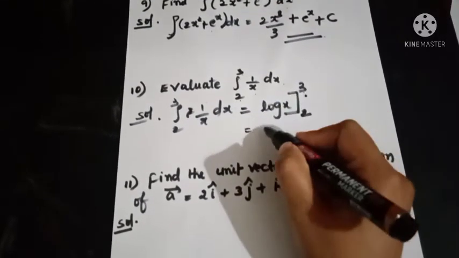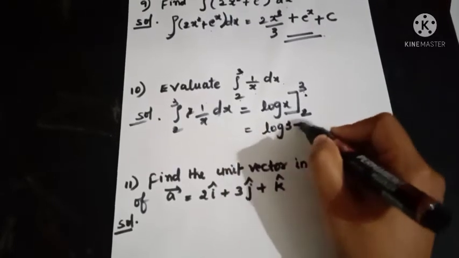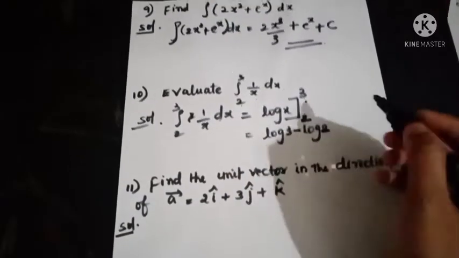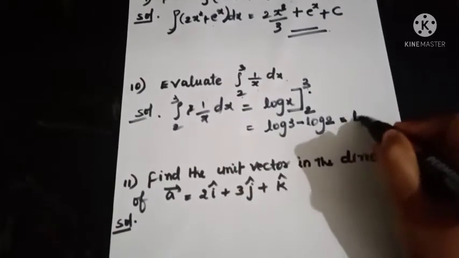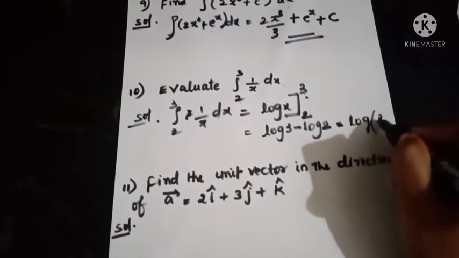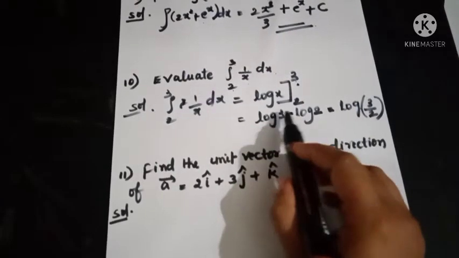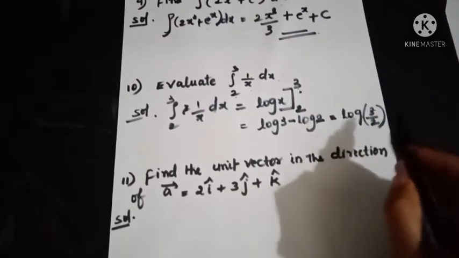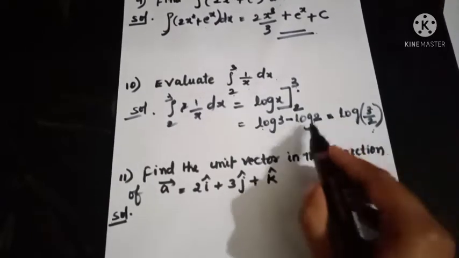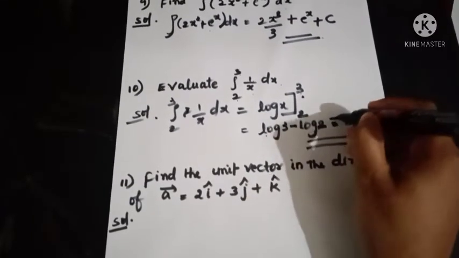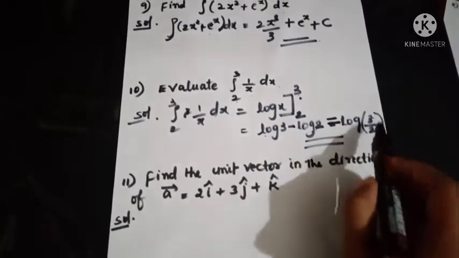Upper limit is 3, log 3 minus log 2. And by the property of logarithms, this minus can be changed to division. So log 3 minus log 2 is log 3 by 2. Log a minus log b is log a by b. So by that property of logarithms, we can write this as log 3 by 2.